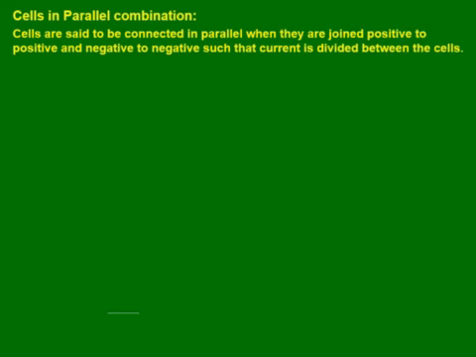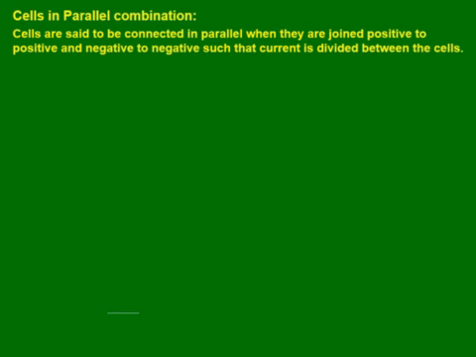Similarly, I will be telling you about when a number of identical cells are connected in parallel combination, or you can say it is parallel grouping. The cells are said to be connected in parallel when they are joined positive to positive and negative to negative, such that the current is divided between the cells.